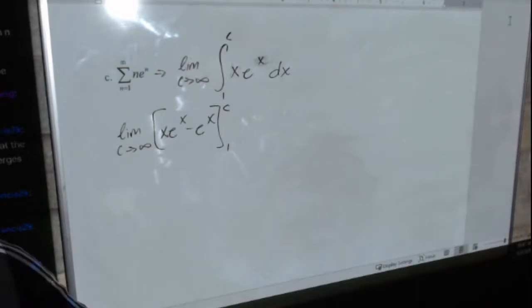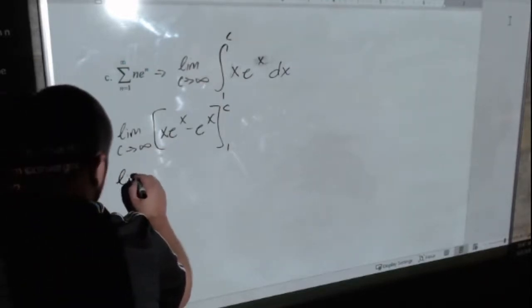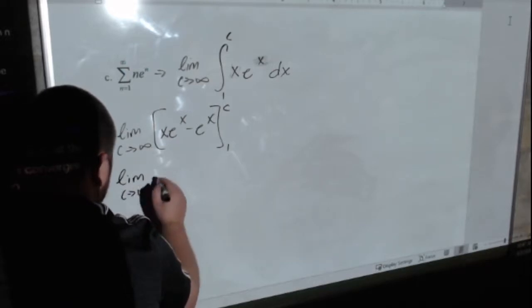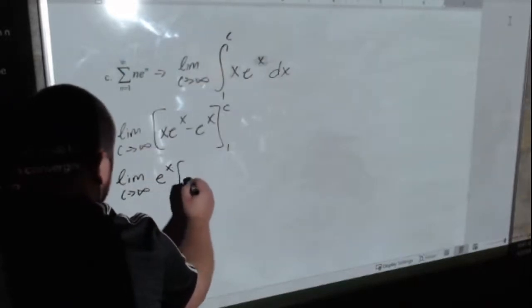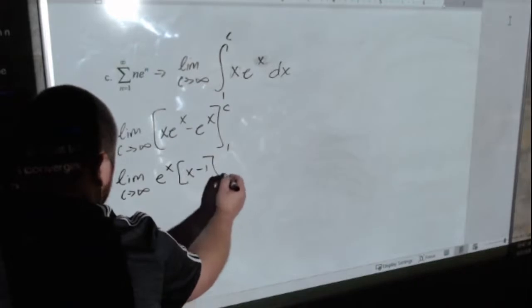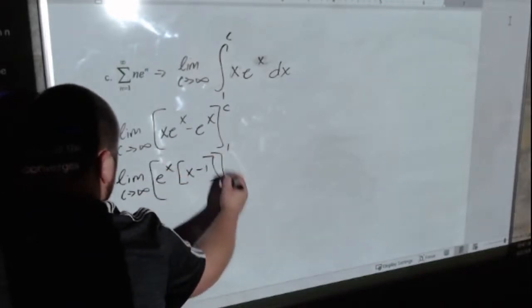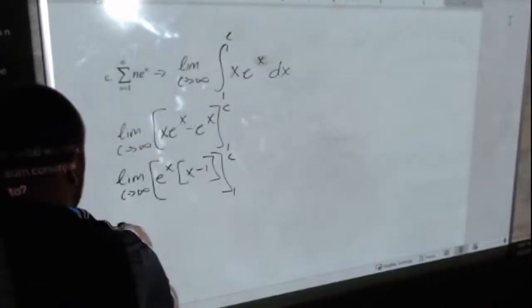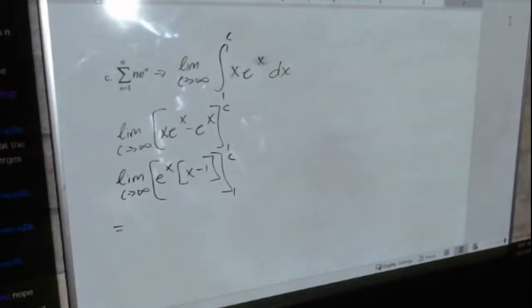I'm going to rewrite that as limit c approaches infinity, e to the x times x minus 1, all evaluated from 1 to c, and then plug in.